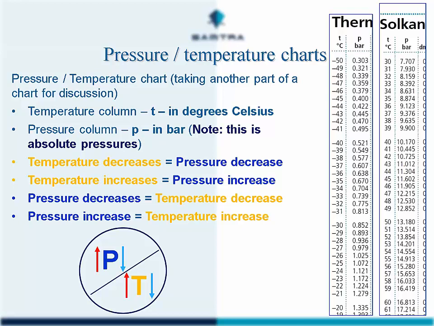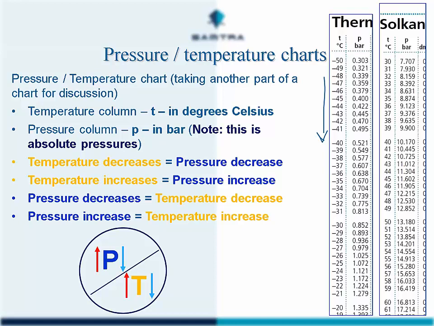Okay, so the main point here being pressure is in absolute pressures. What you can see here is as we go down this column, the pressure is increasing and the temperature is increasing. Don't get confused by the negative numbers.